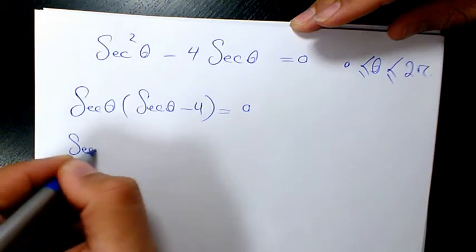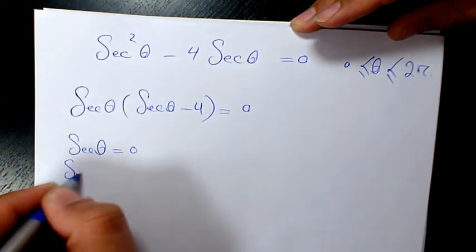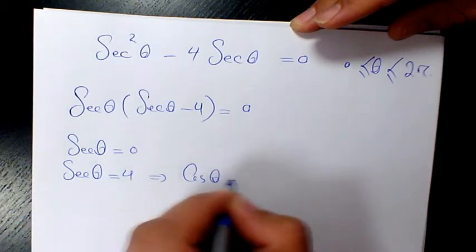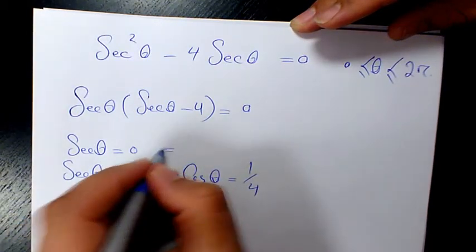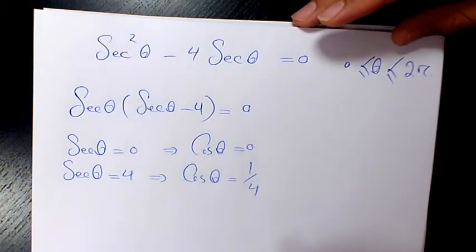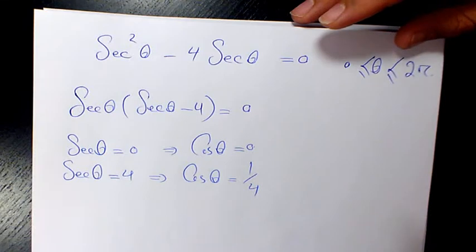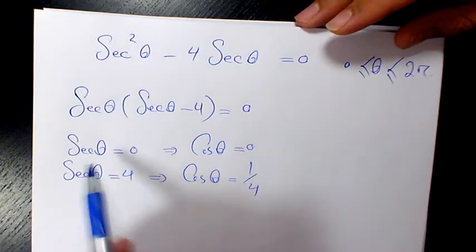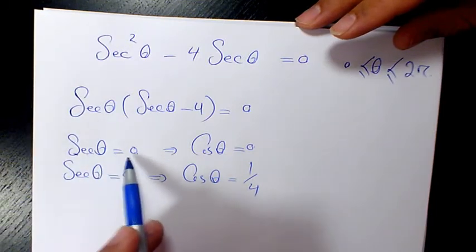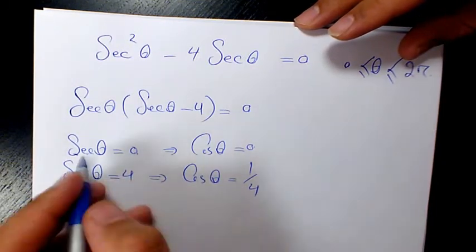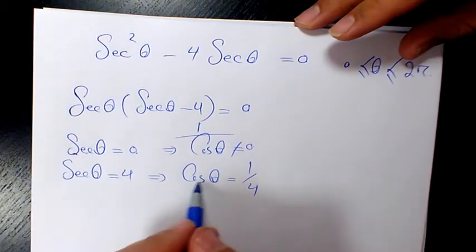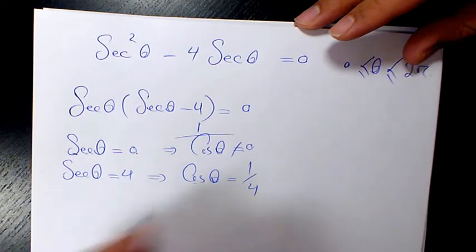So you have secant theta equals 0 and secant theta equals 4. Secant theta cannot be 0. Why? Because secant is 1 over cosine, and 1 over cosine is never going to be 0. So we have only cosine theta equals 1 over 4.